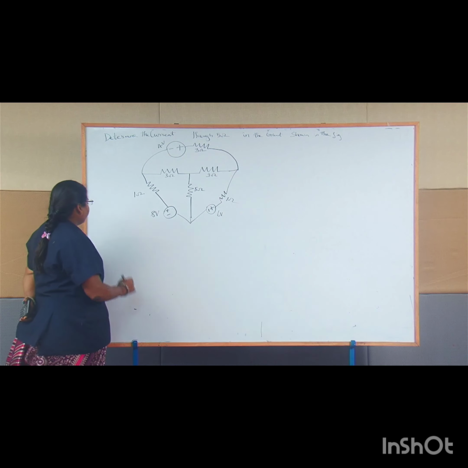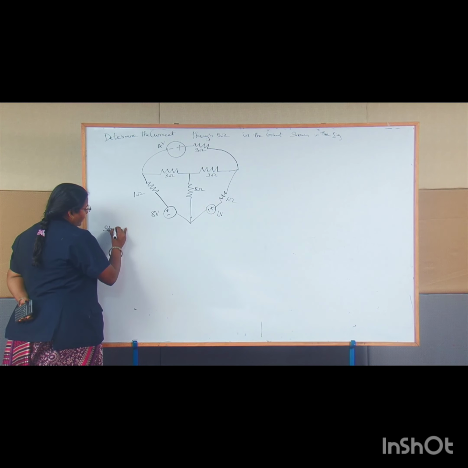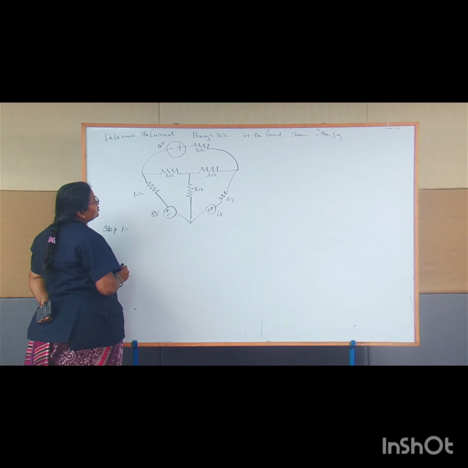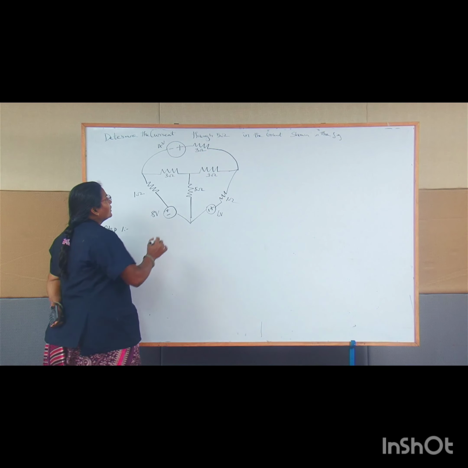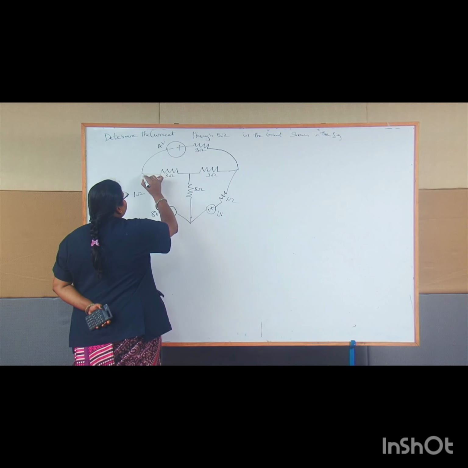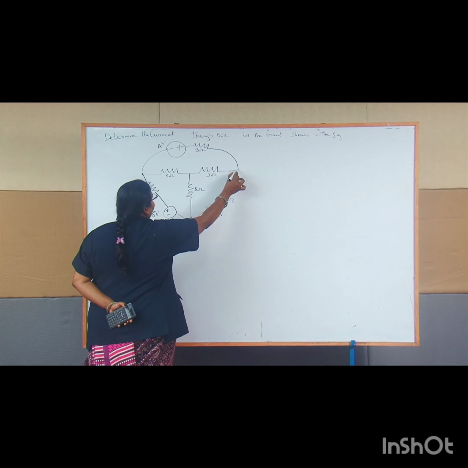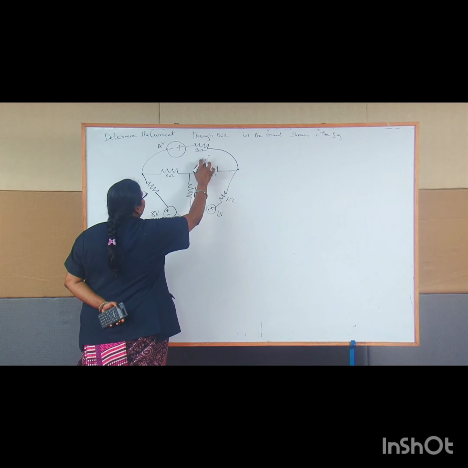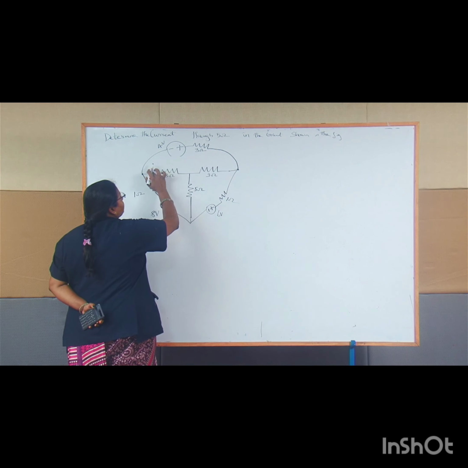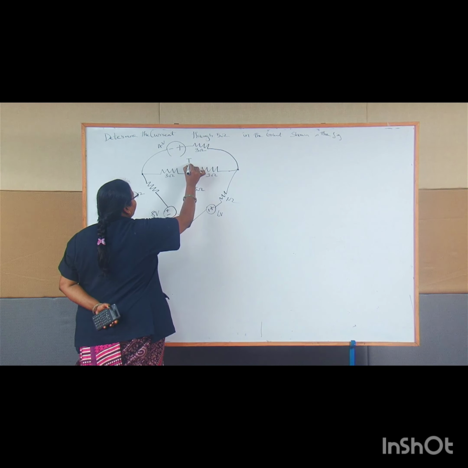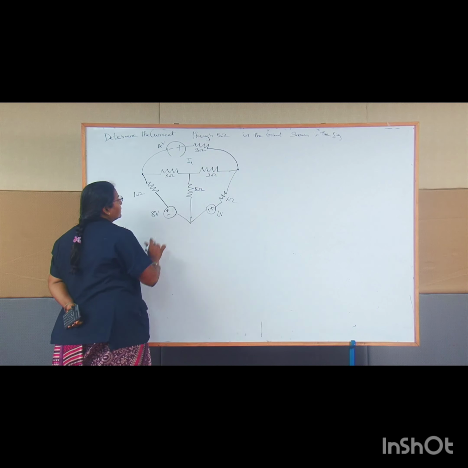So first, step 1, you have to identify how many loops are in the circuit. If I am considering this point to this point, this is one loop. I am going to consider this as loop 1, so I am going to mention I1.